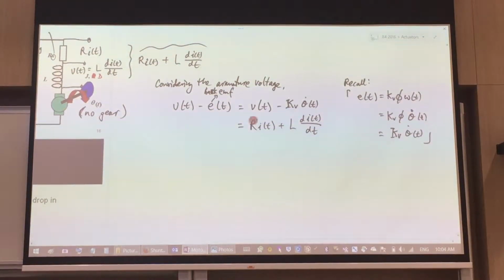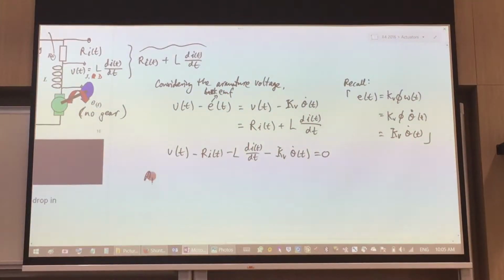So I can re-express this as V(t) minus R i(t) minus L di/dt minus capital K_v theta dot(t) equal to 0. That was the equation that was provided in your set of notes. There isn't really much explanation, so I'm just filling in the gaps.